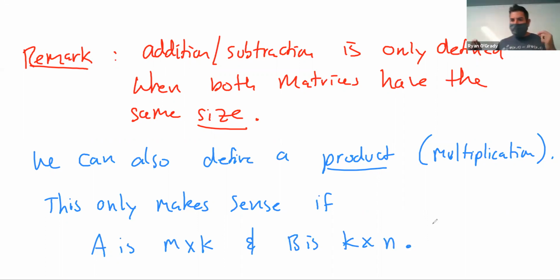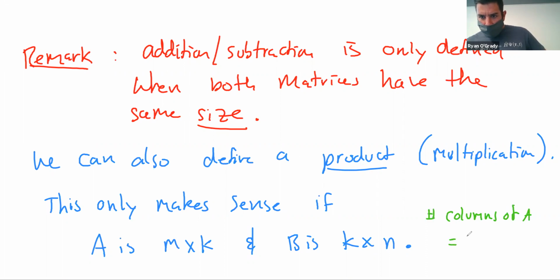I used M, K, and N. This only makes sense if the number of columns of A equals the number of rows of B. So in English, not just symbols, the number of columns of A equals the number of rows of B. That's the only way that you can multiply.